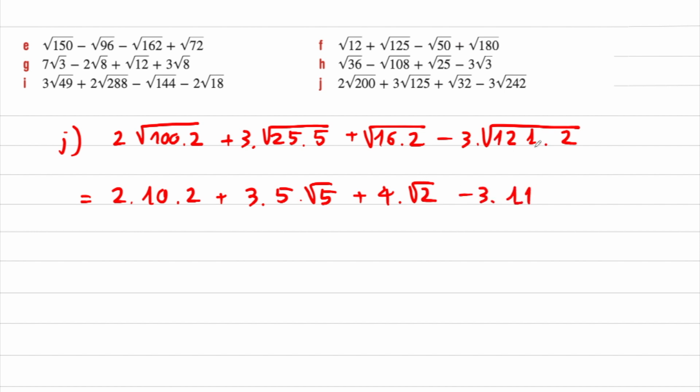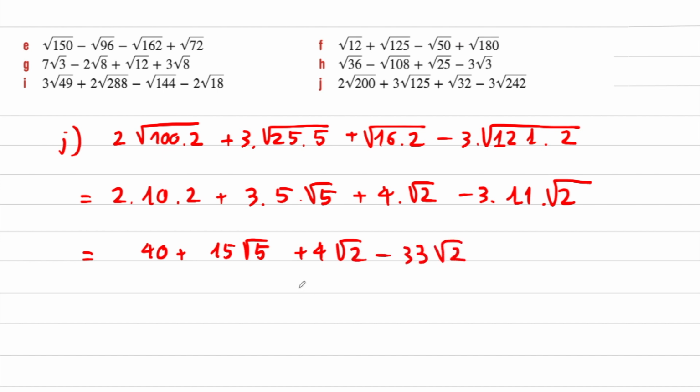Square root of 121 is 11. And square root 2 here. For the number here is 5. This one is 5. 40 plus 15 square root 5. 4 square root 2 minus 33 square root 2. And the last term you got 29 square root 2. 15 square root 5 here. And this is 40.